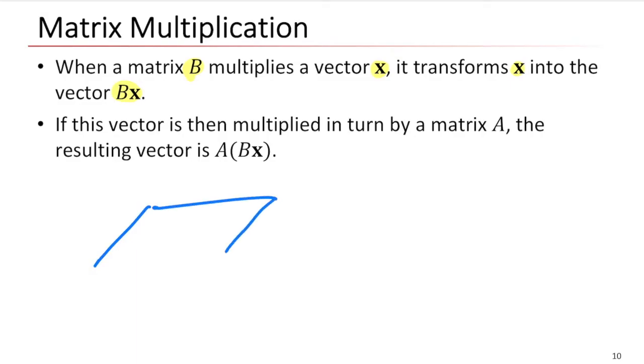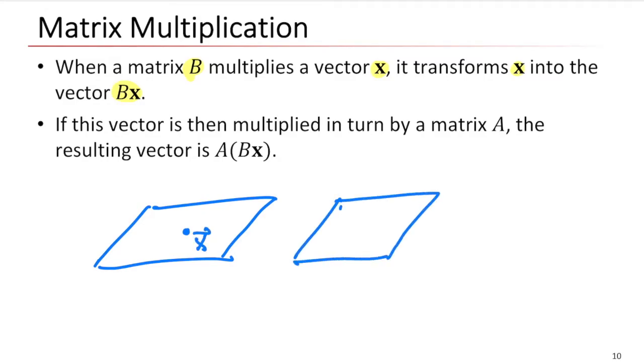Here is some space, and there is an input vector x here, and matrix multiplication on this one. Multiplication by B makes B times x. So this is another vector, right?